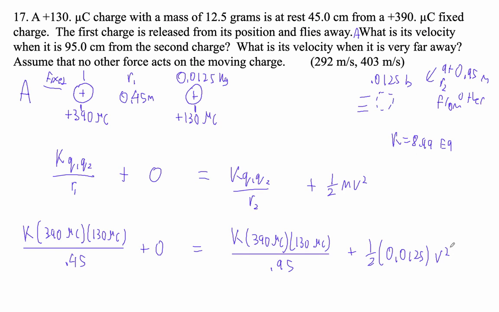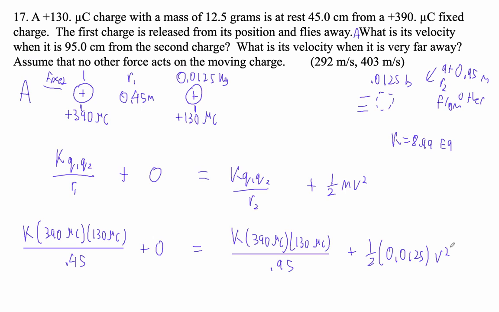So my first step is to go K times 390 E minus 6 times 130 E minus 6 divided by 0.45.